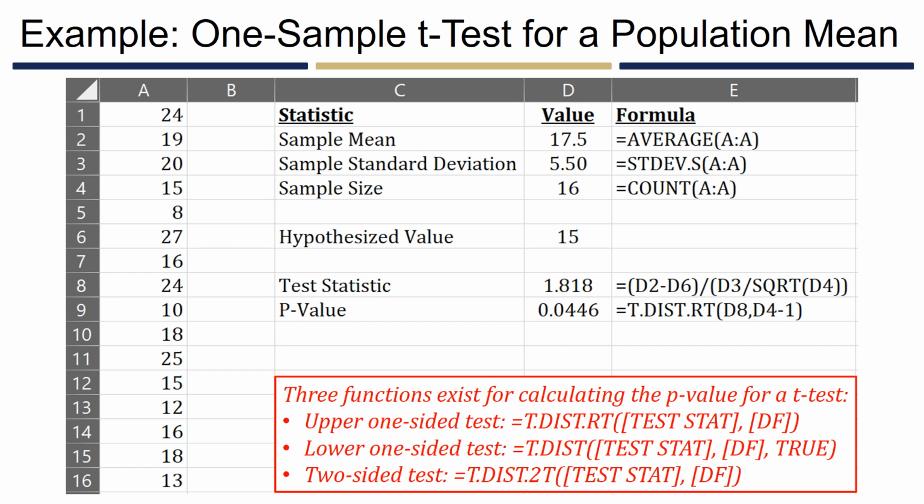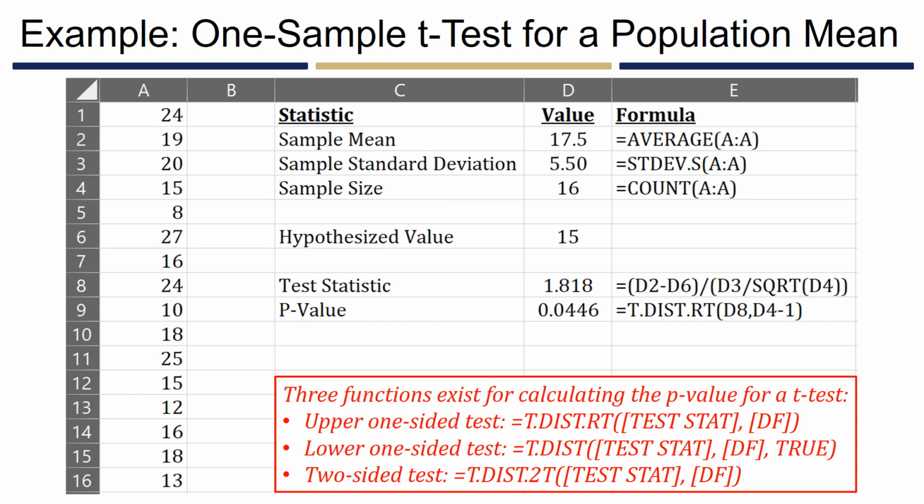Now, like I mentioned in the previous lecture, the only way to calculate out exact p-values or exact probabilities using the t-distribution is by using software. There are three different functions that you would need to use in Excel in order to calculate the p-value for the t-distribution.